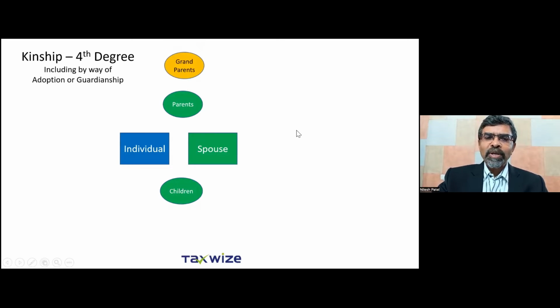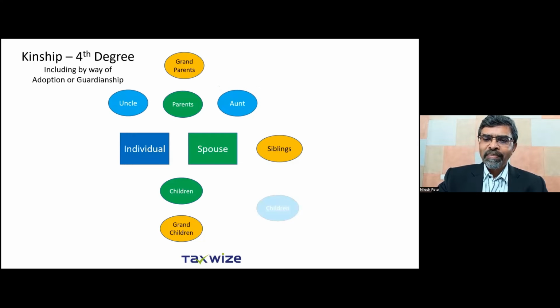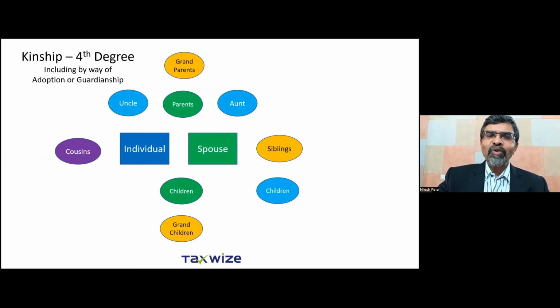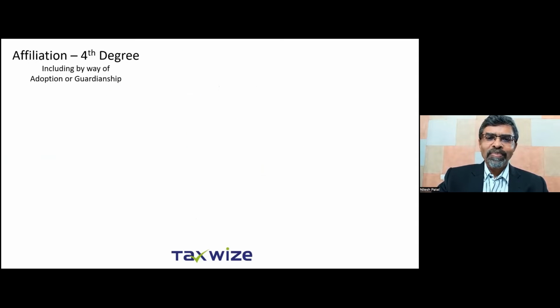The second degree of kinship is the grandparents, grandchildren, and siblings of my wife. Uncle and aunt, and the children of her brothers and sisters, are the third degree of kinship relatives. And cousins of my wife are the fourth degree of kinship relations.